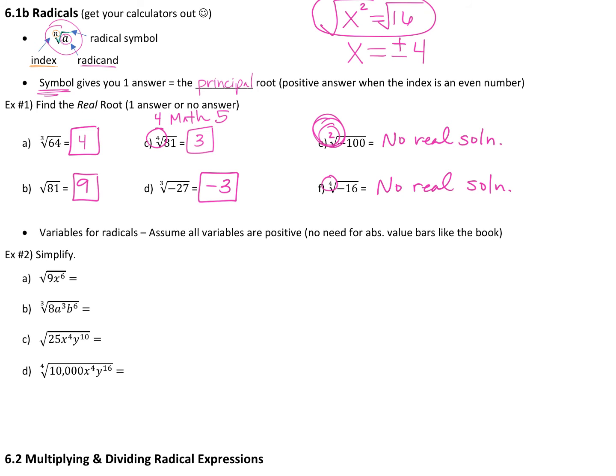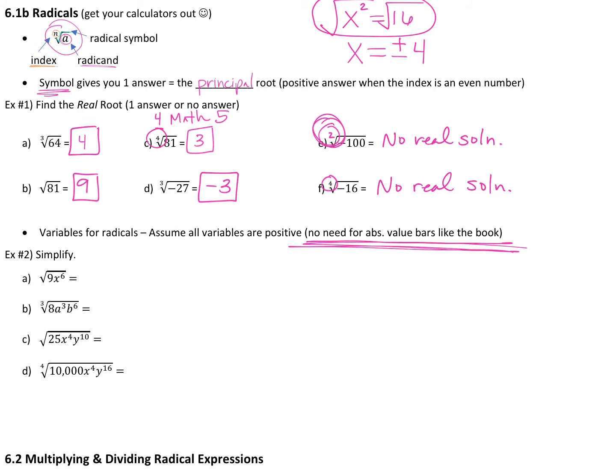Okay, last thing, this gets a little bit fancier. The book does this a little more in depth than we're going to do it. We're going to just keep it a little more simple. So your book, if you're looking at the answers, for instance, you're going to see absolute value bars in places. We're not even going to go there. We're going to stick with the principal root, and we're just going to leave everything as positive, okay?